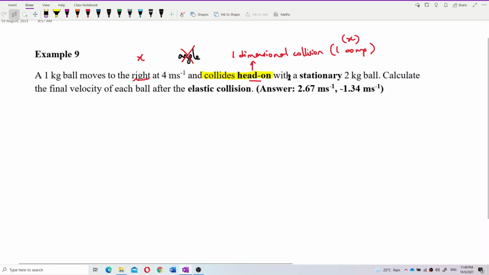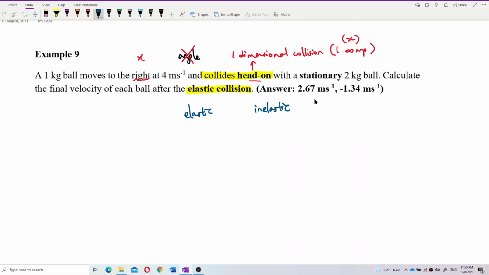So another thing is this one is an elastic collision. What do you understand about elastic collision versus inelastic collision? The key difference between elastic and inelastic, I hope you are already clear. Let me write it over here.